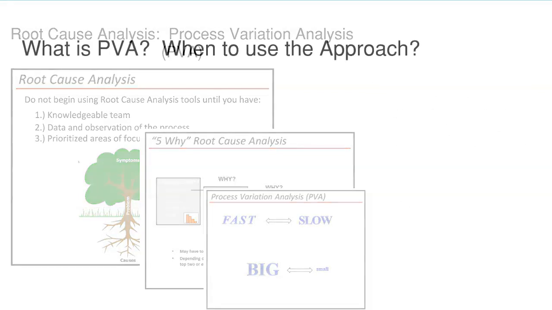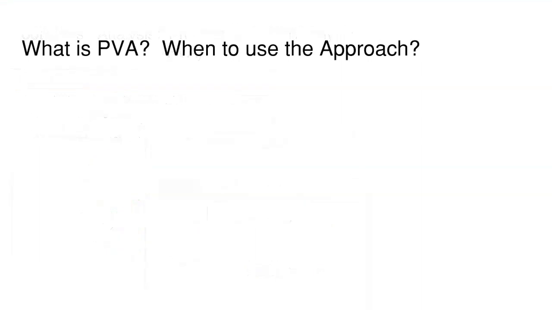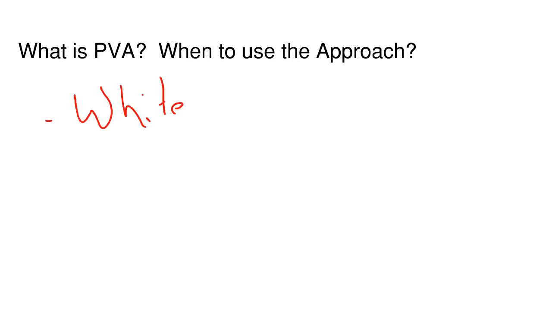So process variation analysis is a modified version of the 5Y approach in which we're taking a look at variation inherent in the system. From earlier videos, we talked about how there are 4 big characteristics that we're trying to attack when we're looking at domain-based projects, and they include white space reductions, or the reduction of idle time handoffs in between each step.